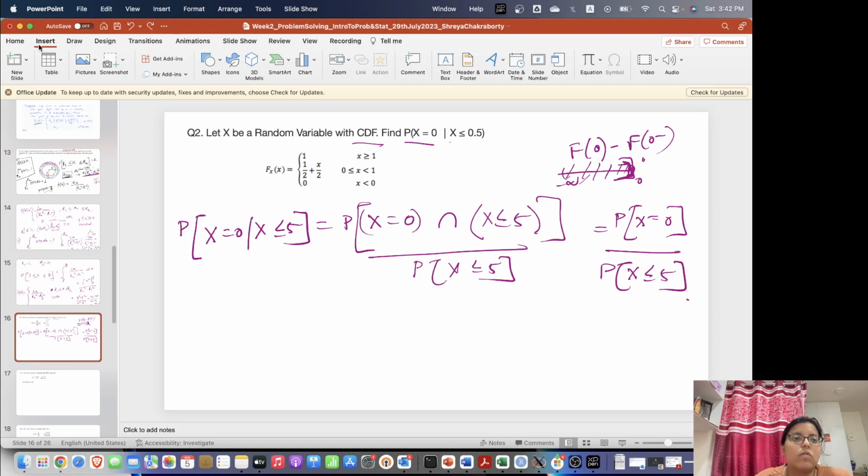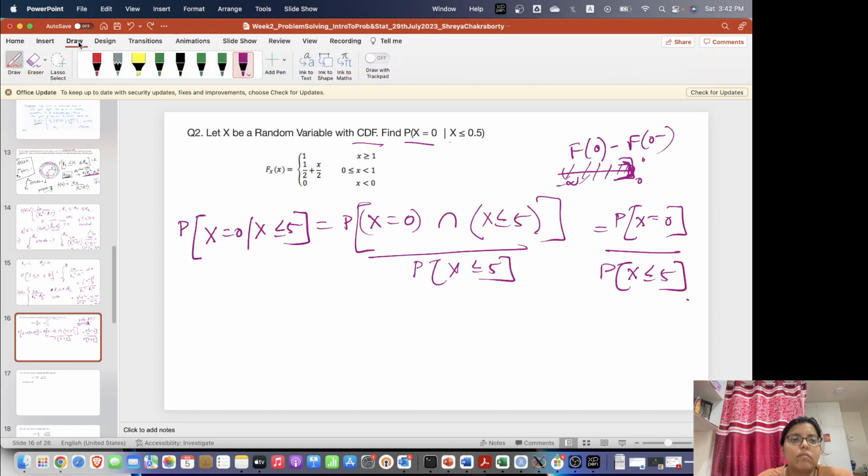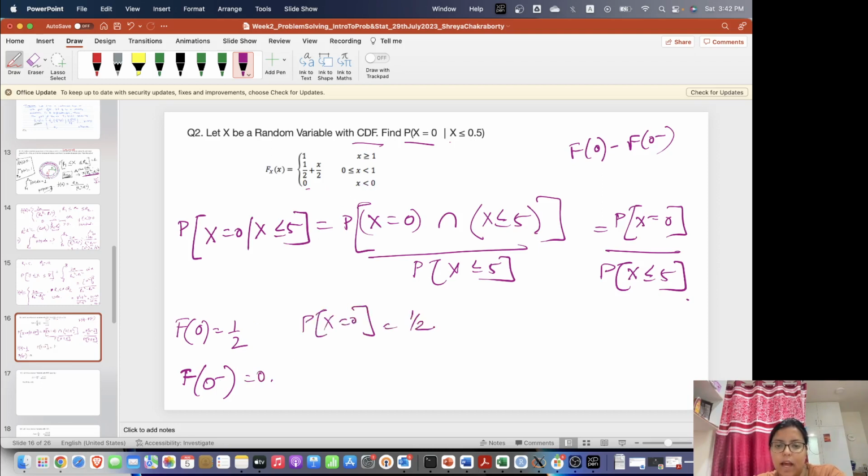So f of 0 is what we'll put over here. When x equal to 0, f of x is half plus 0 by 2, that is half. And when f is 0 minus, that means x is slightly less than 0, then the f value is 0. So probability x equal to 0 will be half. This much is clear?